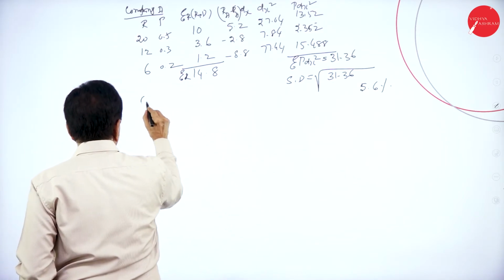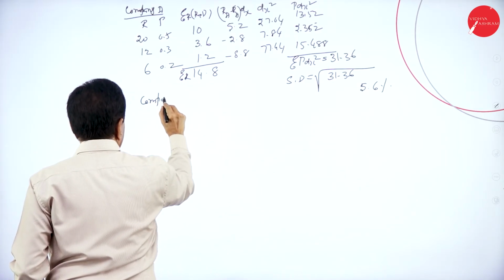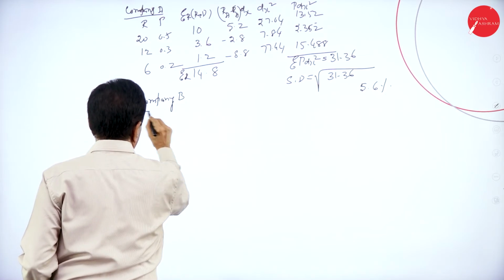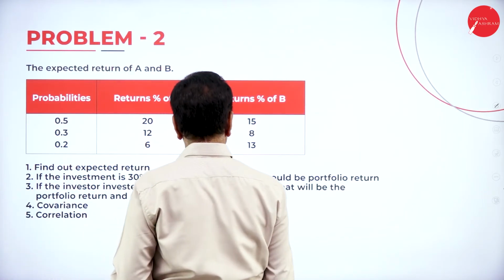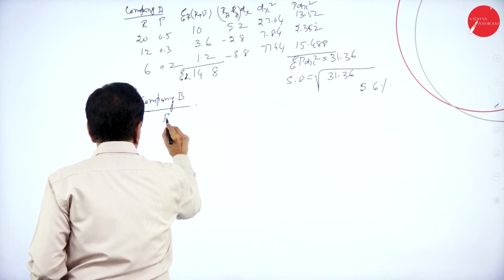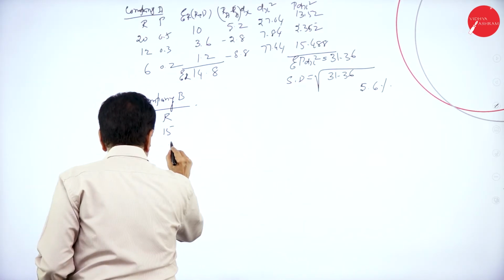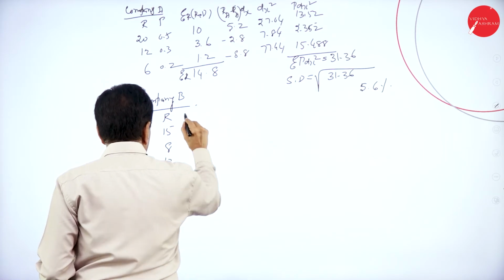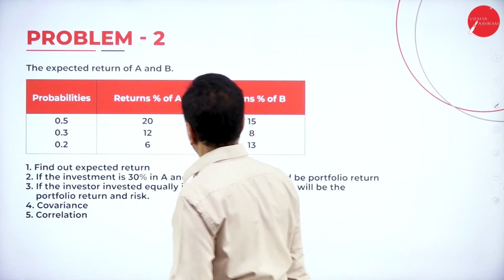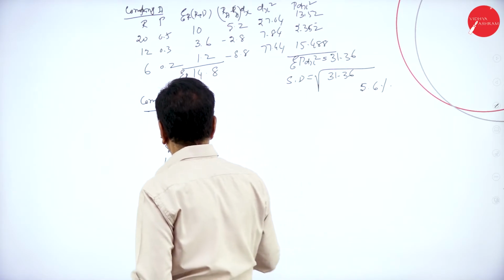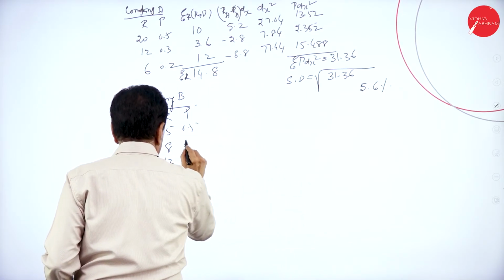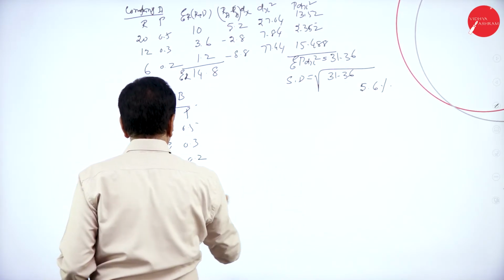Company B, returns are 15, 8, 13. Your probability 0.5, 0.3, 0.2.